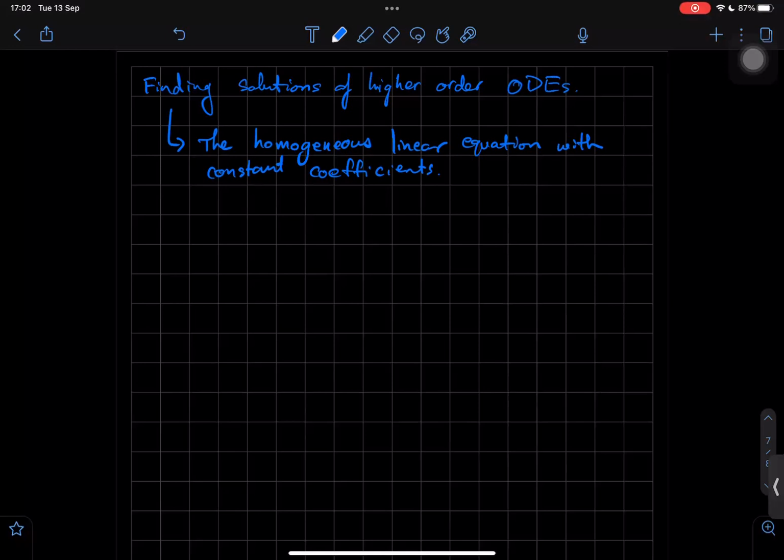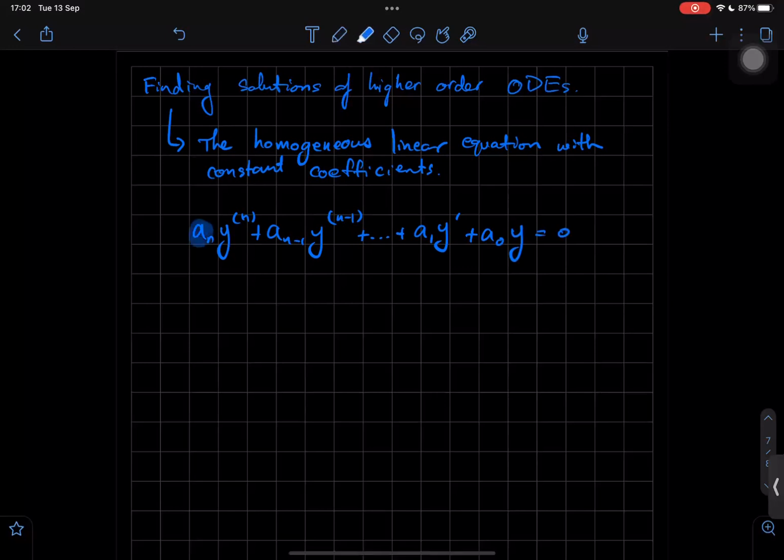Okay, what does this mean? Right, the ODE is in this form: a_n y^(n) plus a_(n-1) y^(n-1) plus until a_1 y prime plus a_0 y equal to 0.